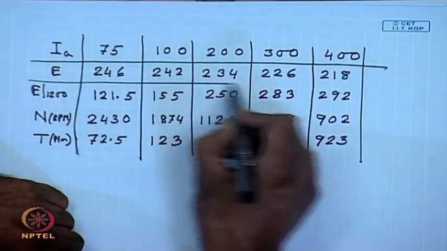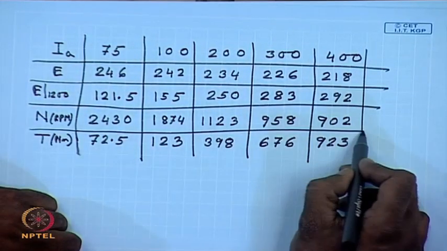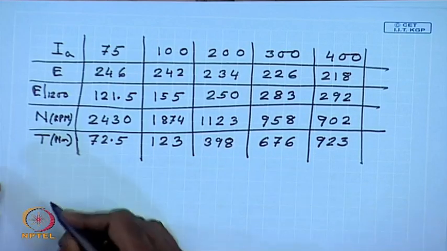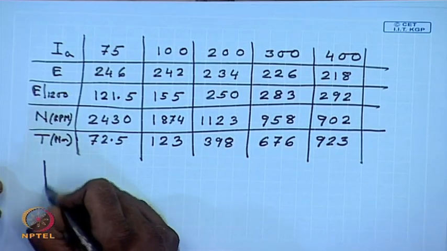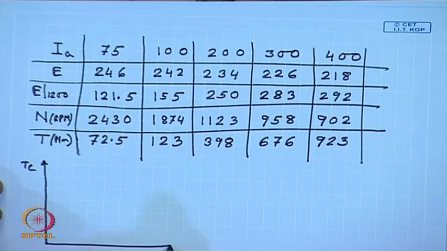From this data we will be able to draw, let us say, torque speed characteristics, torque current characteristics when connected to a 250 volt supply.